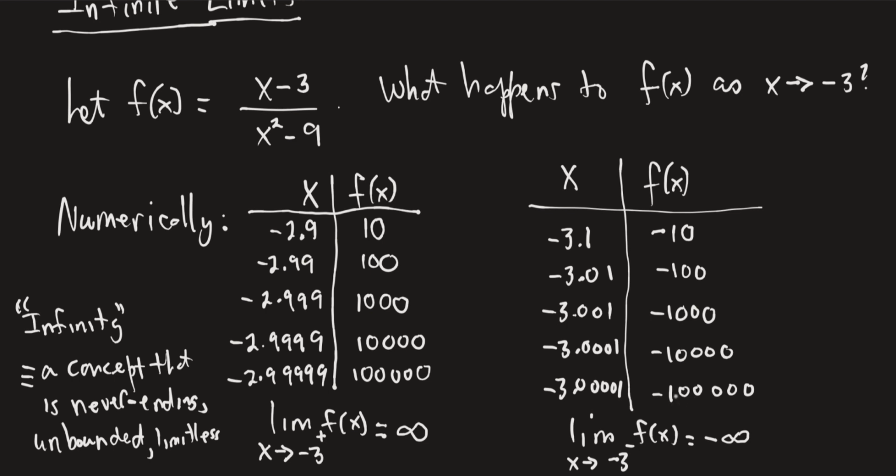Now again, even when you say that, that's not very precise, because negative infinity is not like a fixed thing that you can get close to. It's just the idea that your numbers will continue to get larger and larger and negative, right? So negative large numbers.